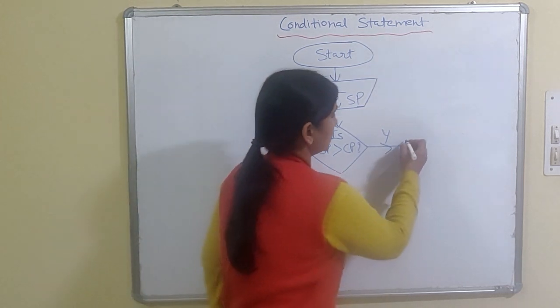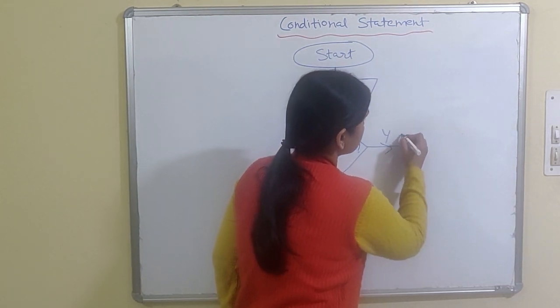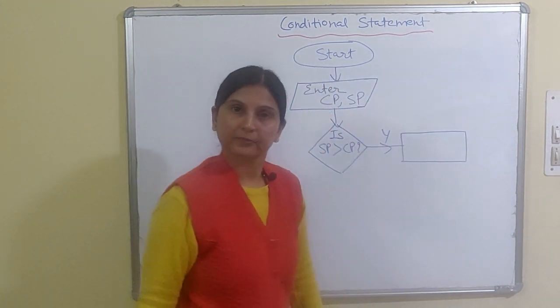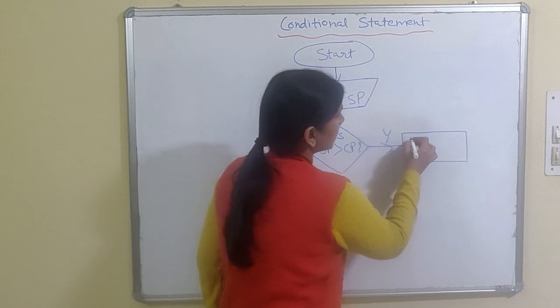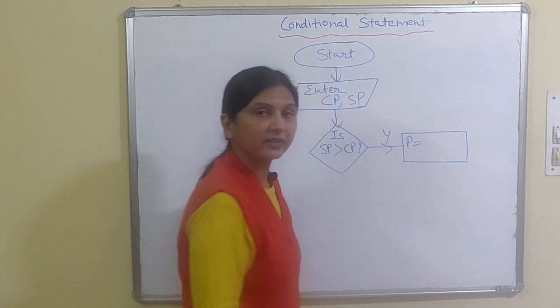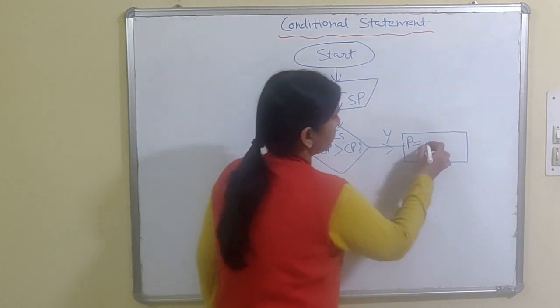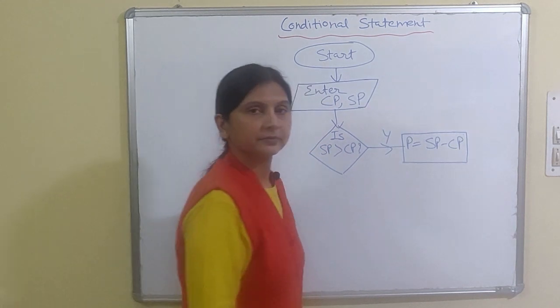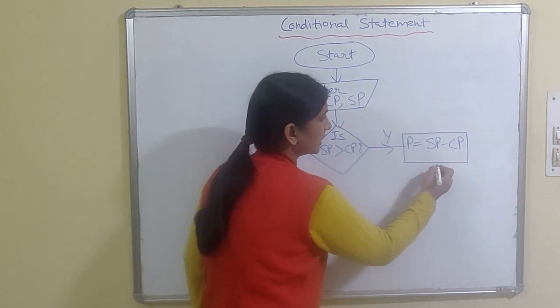Now, we will use process box, and process box is of rectangular shape. Fine. Now the profit will be SP minus CP. Fine. Profit we have calculated.